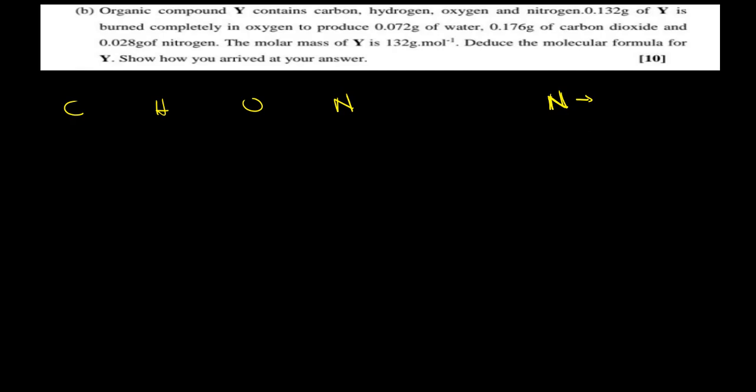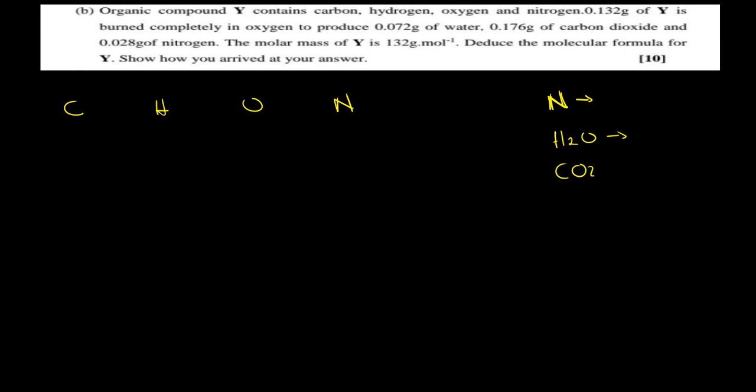So what we are going to do is say, an organic compound Y contains carbon, hydrogen, oxygen, and nitrogen. So 0.132 of Y produces H2O, and also carbon dioxide.